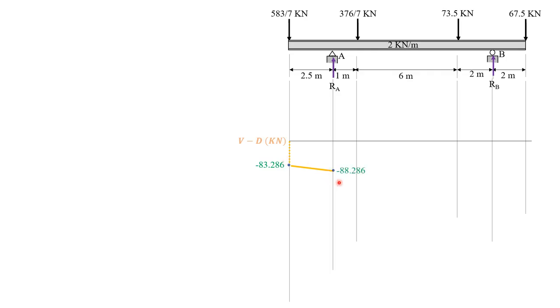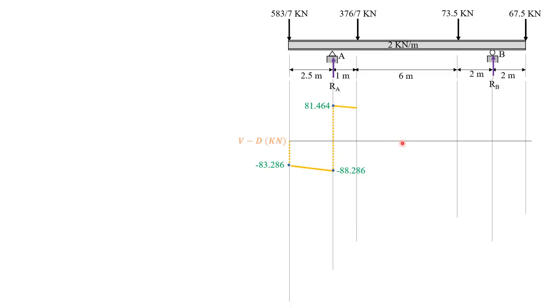Negative 88.286. Then add the reaction at A, which was computed in the preceding slides. So negative 88.286 plus the reaction computed earlier, we get 81.464. Then minus 2 times 1, so minus 2, 79.464, constant decreasing.